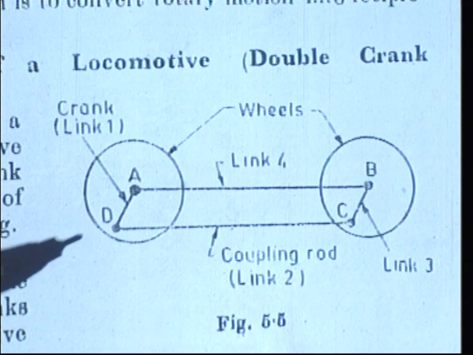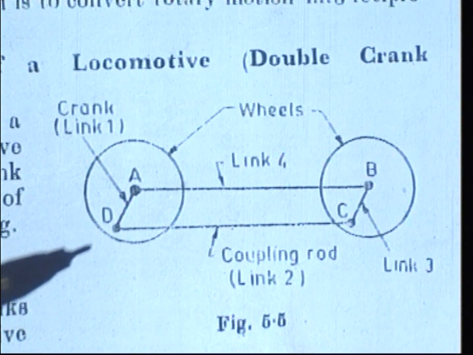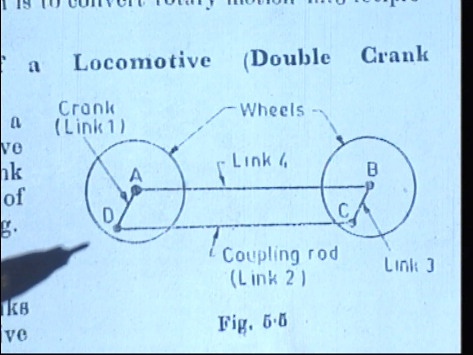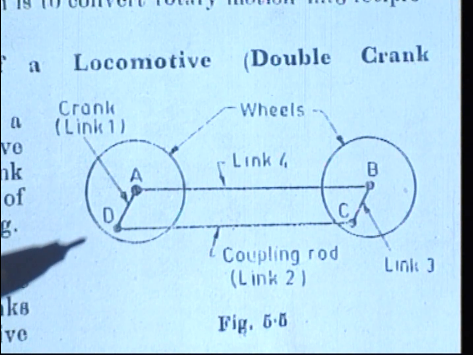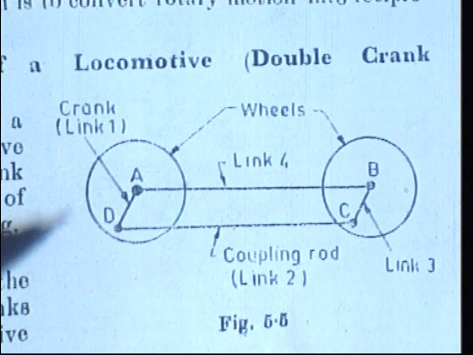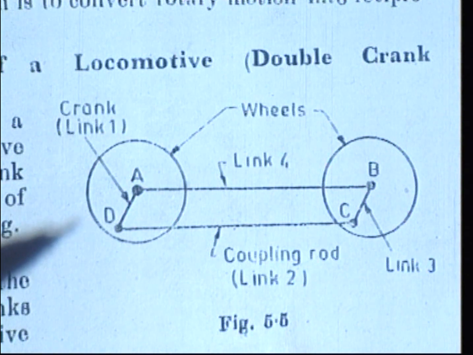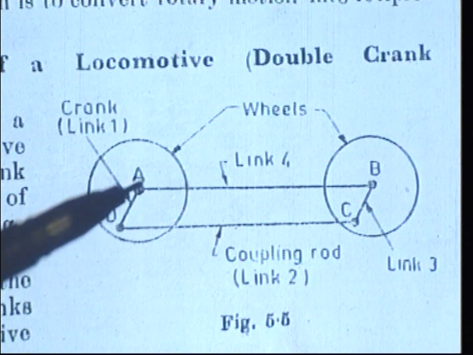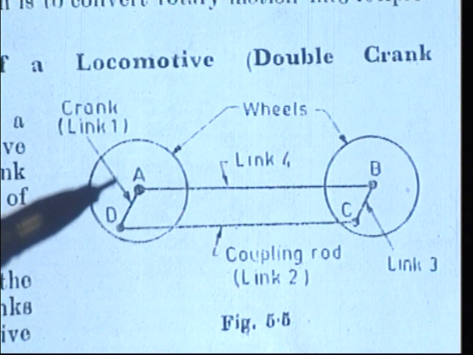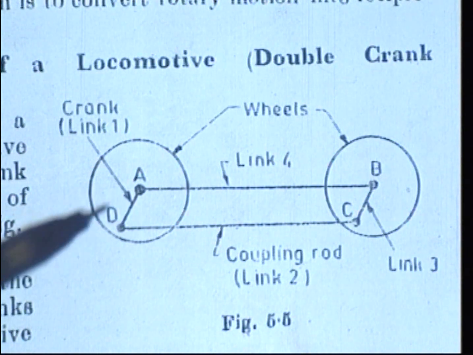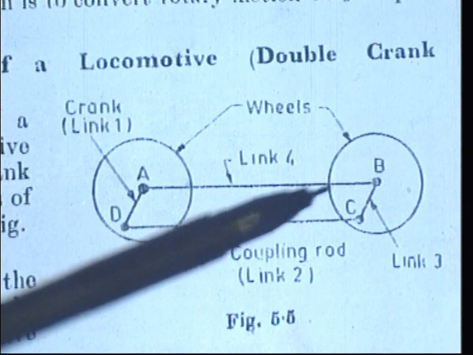This figure explains another application of the inversion of a 4-bar chain, namely the coupling rod of a locomotive. The inversion here is the double crank mechanism. As you see in the figure, link 4, that is AB, is fixed, and we have 2 links AD and BC.